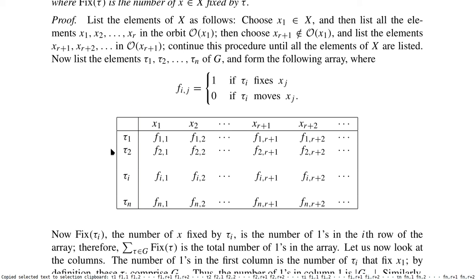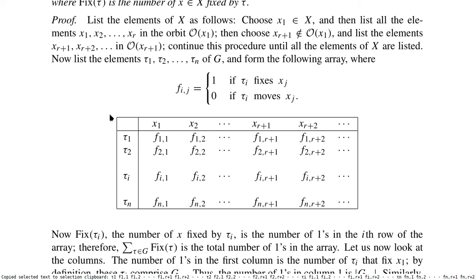Now x1, t1. So F11, F21, Fi1 to Fn1. So these are all the things that fix x1.